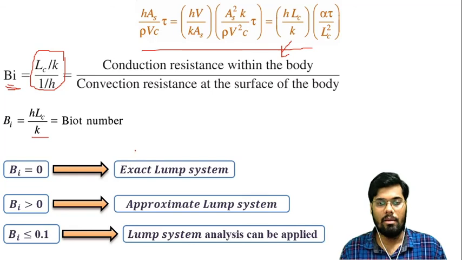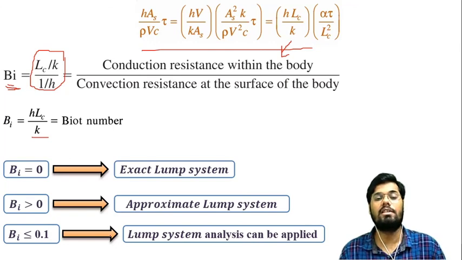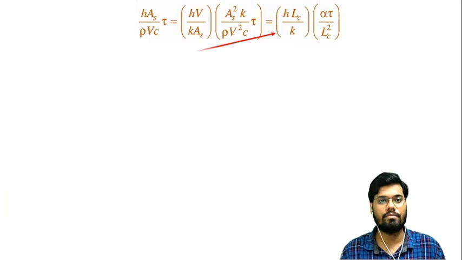So to consider a system to be lump or not, the Biot number should be less than or equal to 0.1. If it crosses this value, then there will be an error in considering the system as a lump system, because in that system the conduction resistance is higher as compared to the convection resistance.